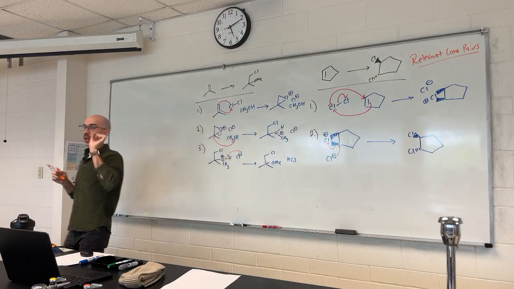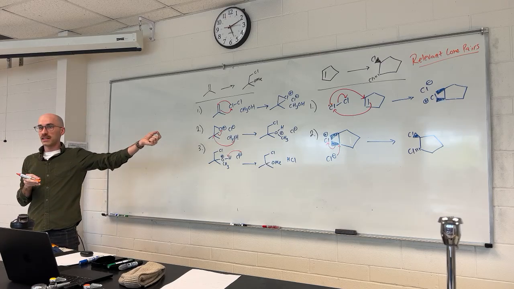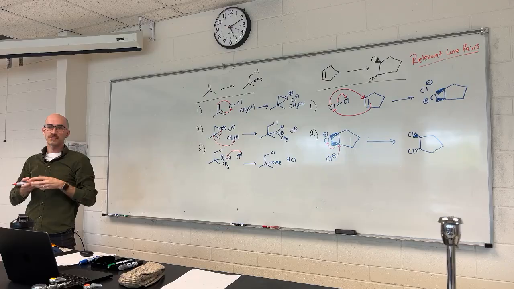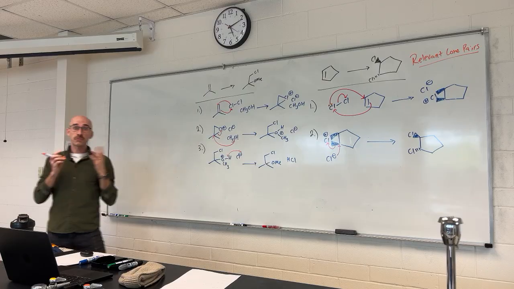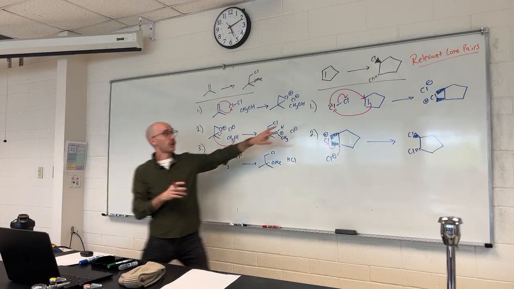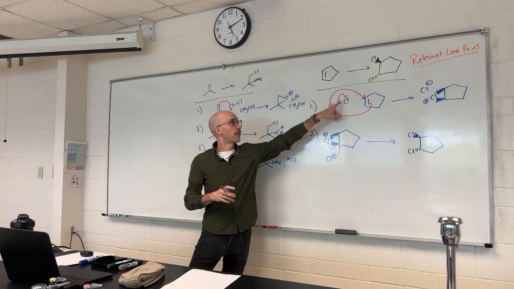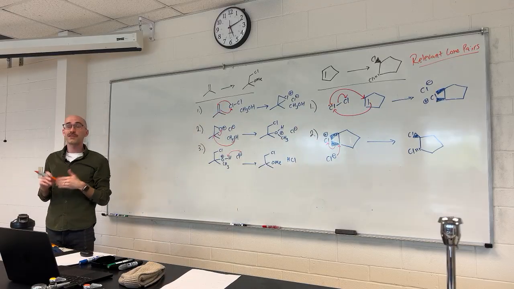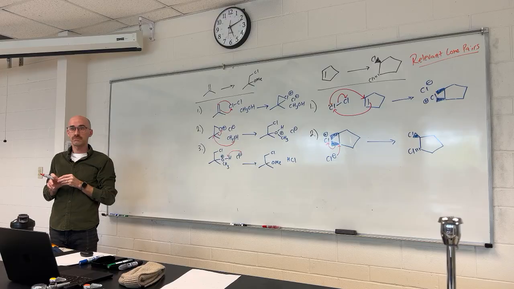Chlorine is a nucleus when we represent it as just Cl. The electrons have to be explicitly shown. So that's a relevant lone pair. There are two other lone pairs on that chlorine and three lone pairs on the other chlorine that are not relevant because they're not going through a change. Fair?